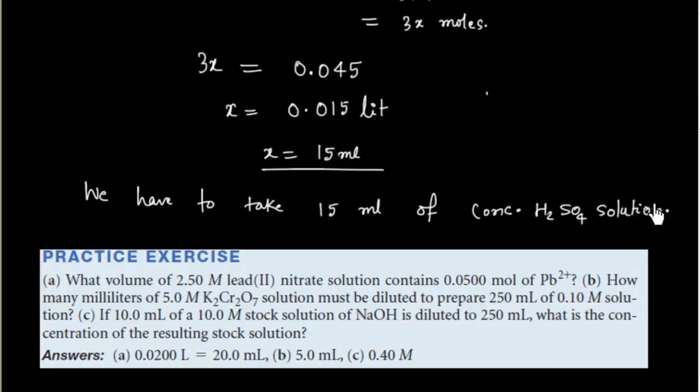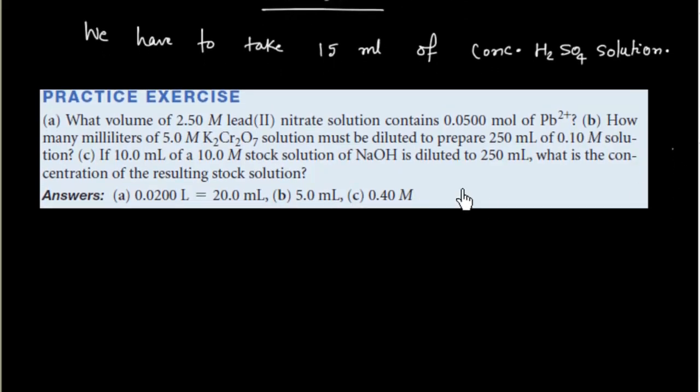Now let us do this practice exercise. Basically the first one: what volume of 2.5 M lead nitrate solution contains 0.05 mole of Pb2+? So let us discuss part A. We have lead nitrate, and in solution it can dissociate, it can give you Pb2+ and 2NO3-.